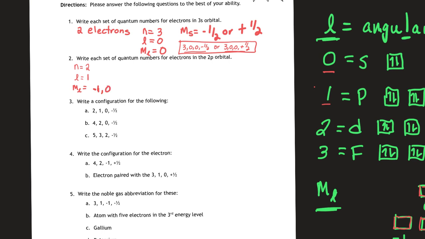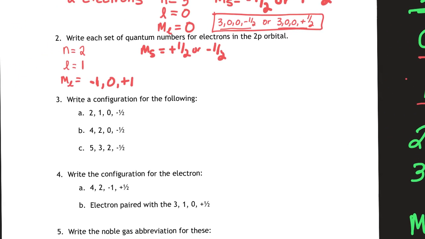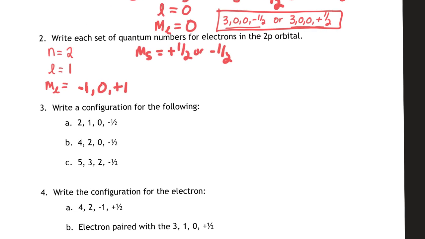The last one is the spin, so m sub s, and again there are only 2 choices for that. It could be +1/2 or -1/2. So there are all the choices for the numbers. We've got 6 different electrons because the 2p orbital can hold 6 of them.